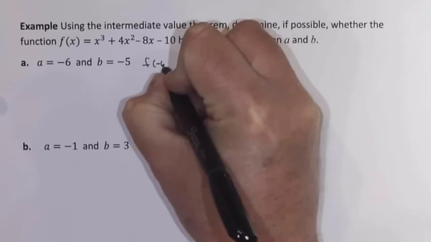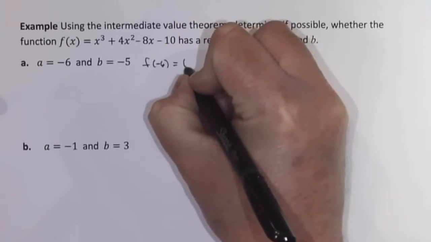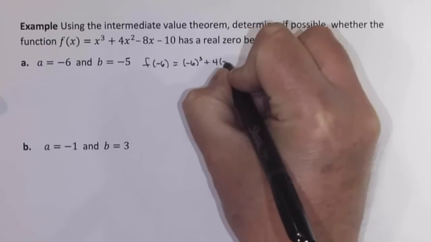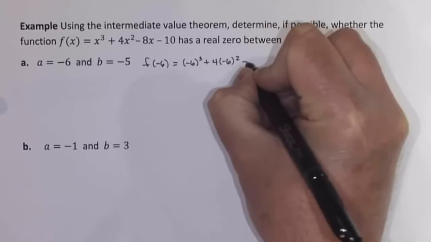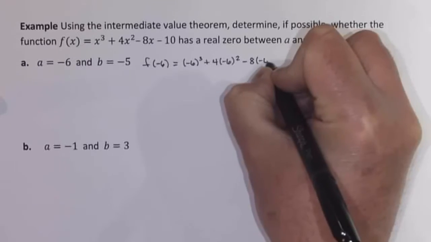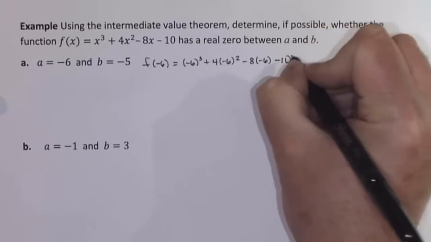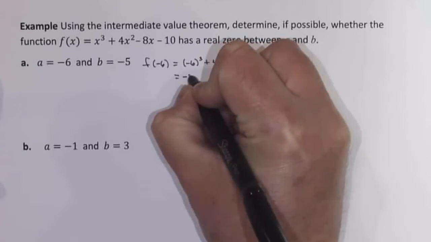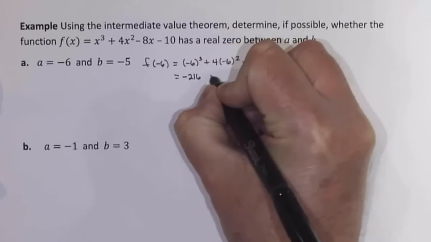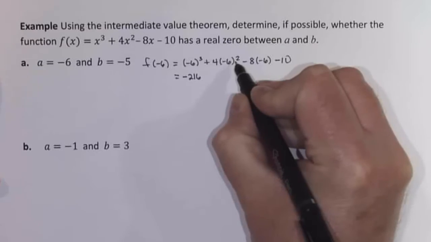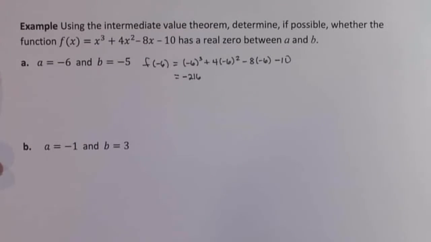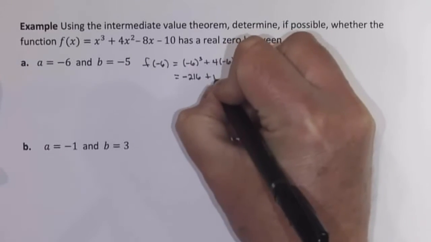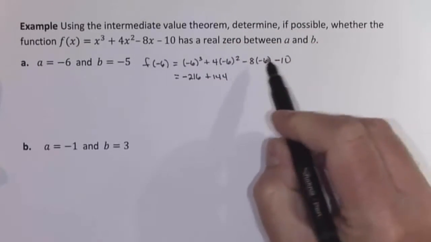If we find f of negative 6, that will be negative 6 cubed plus 4 times negative 6 squared minus 8 times negative 6 minus 10. Now negative 6 cubed is negative 216. Negative 6 squared is 36, and 36 times 4 is 144, so we have plus 144.